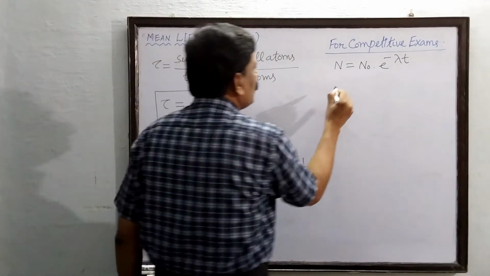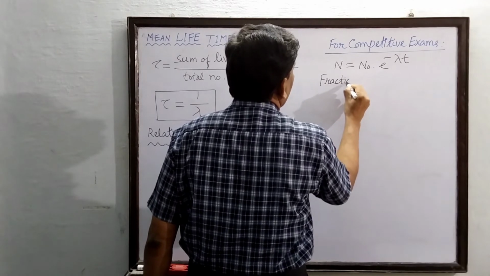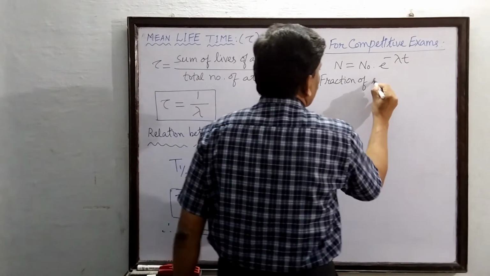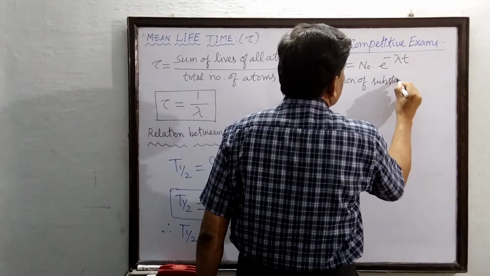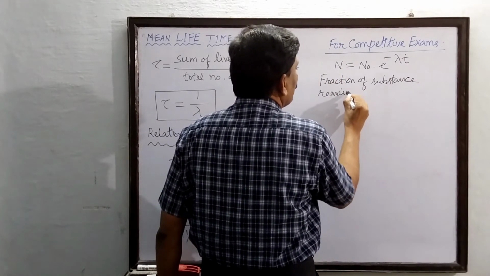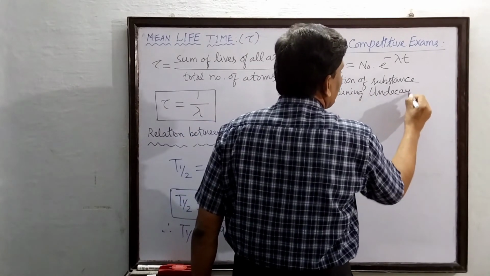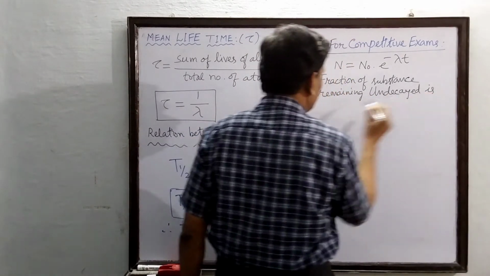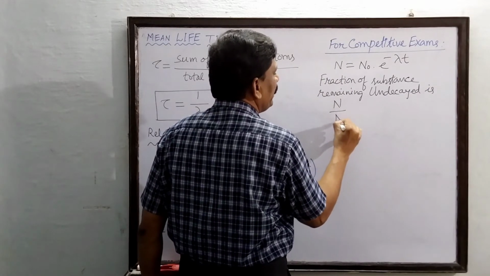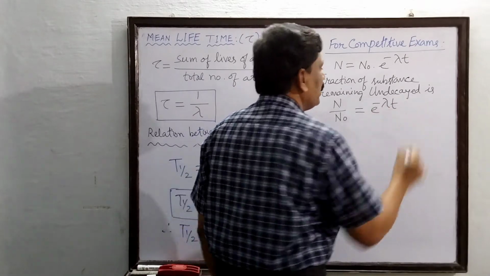The same equation, right? So this is the fraction of substance remaining undecayed, given by n divided by n0, which is equal to e power minus lambda t.